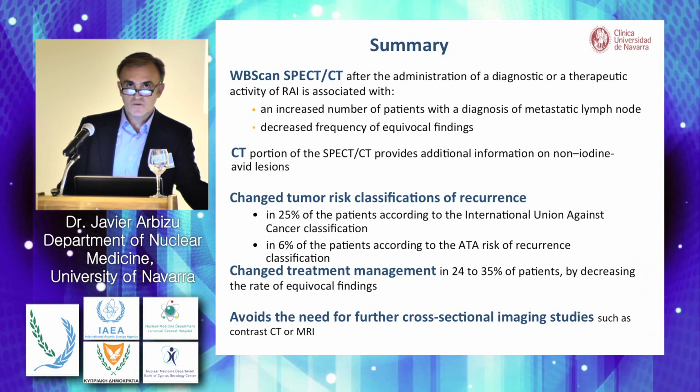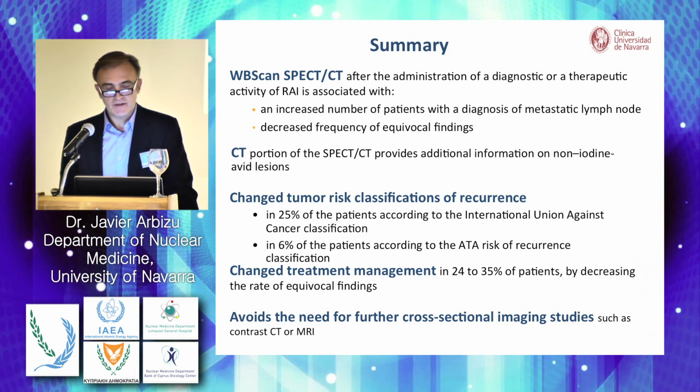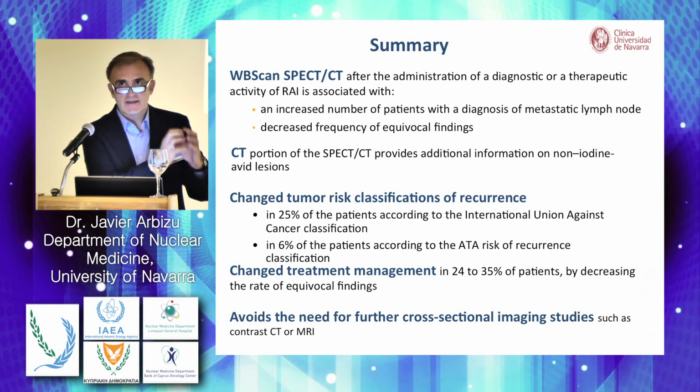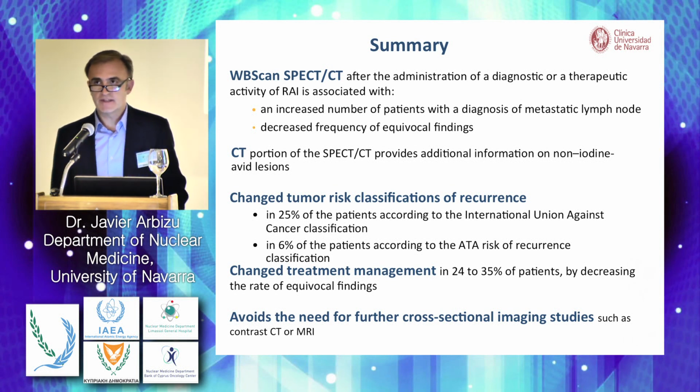It is about 24 or 35% of patients, by decreasing the rate of equivocal findings. And finally, it avoids the need of further cross-sectional imaging studies such as contrast CT or MRI once we have localized this focus precisely. Thank you.